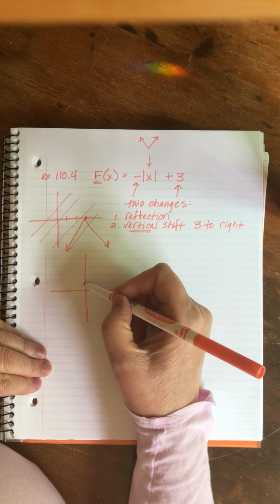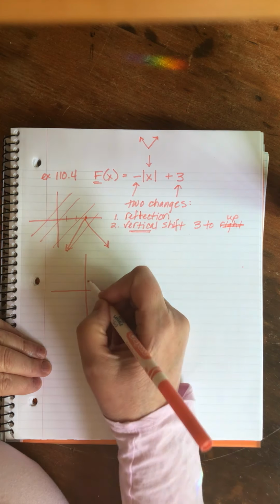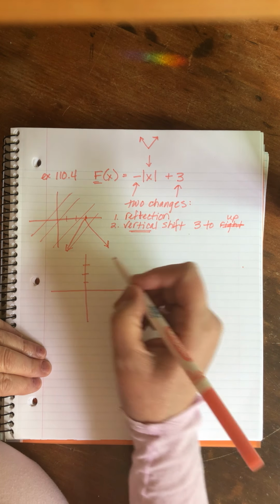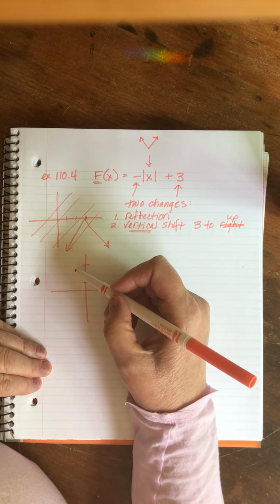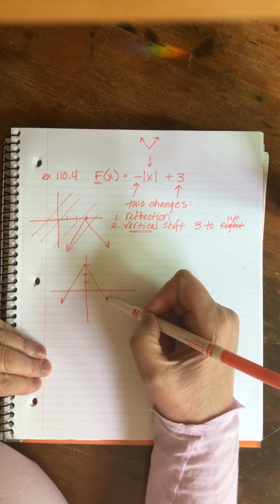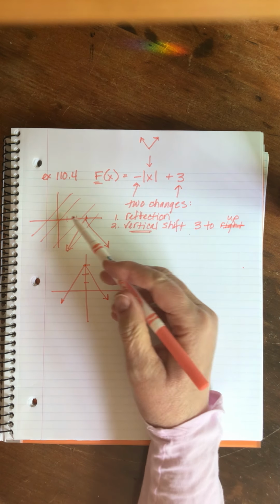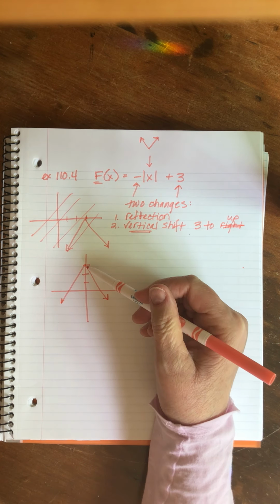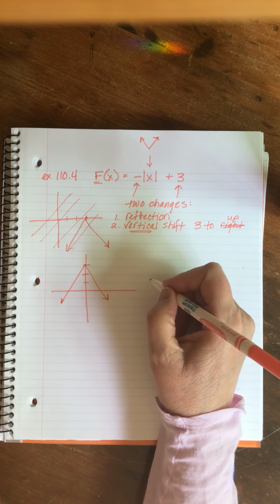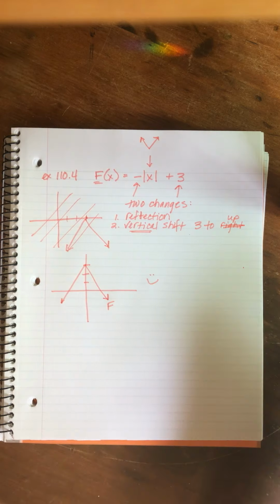Vertical shift is this way. It's 3 up. That's not good grammar, but you know what I mean. Okay, ready? Now I'm happy. That's the right answer. This is the vertical shift instead of a horizontal shift. This is right. Yay! And I'm going to put an F right here so everybody knows that's that.